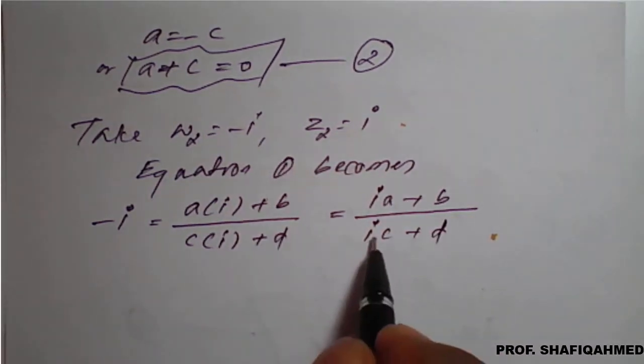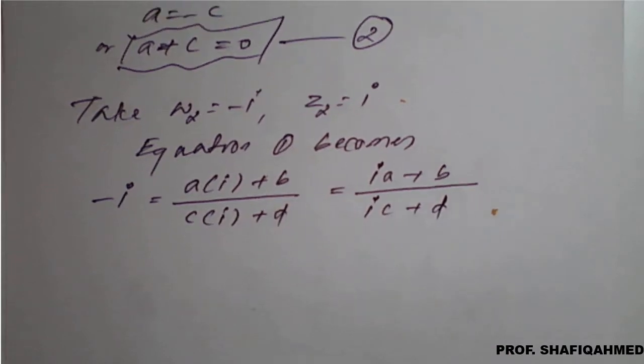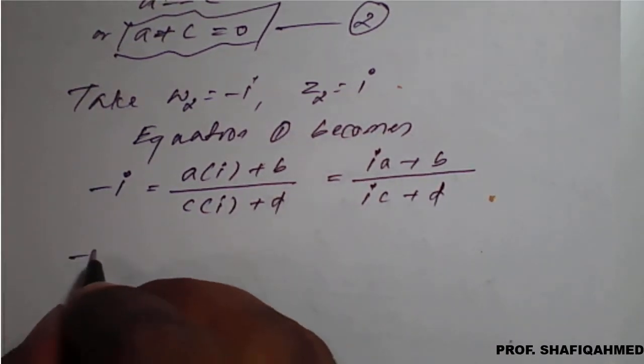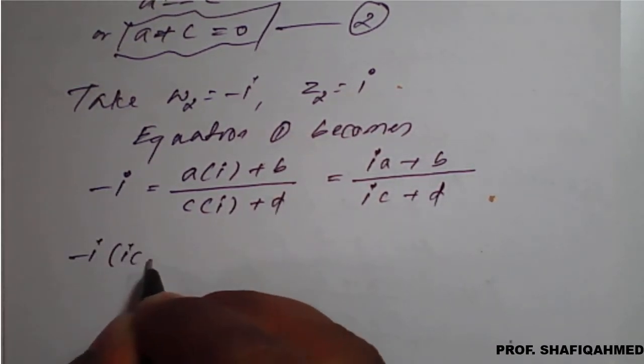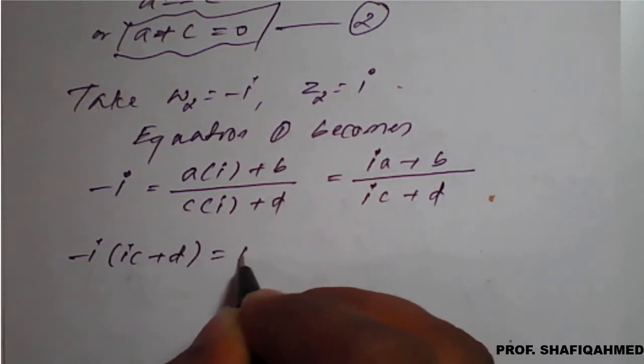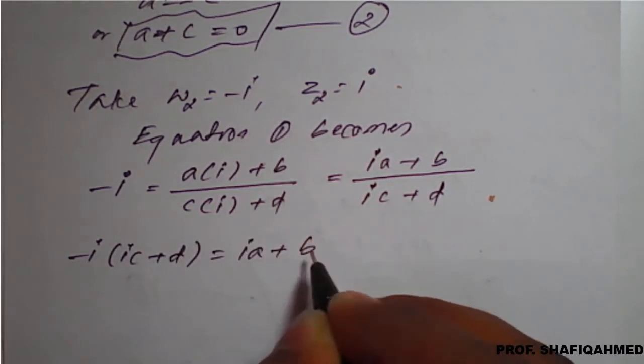So cross multiply this iC plus D to the left hand side, so we'll get minus i into (iC plus D) is equal to iA plus B.